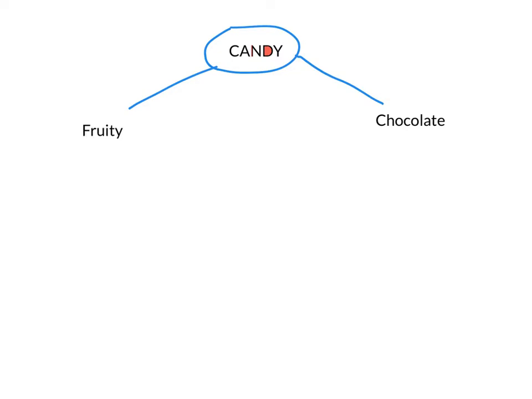So we could easily sort those candies from the other page into candies that are chocolate and candies that are fruity. But we can even classify them into more specific categories than that. Let's talk about fruity first.